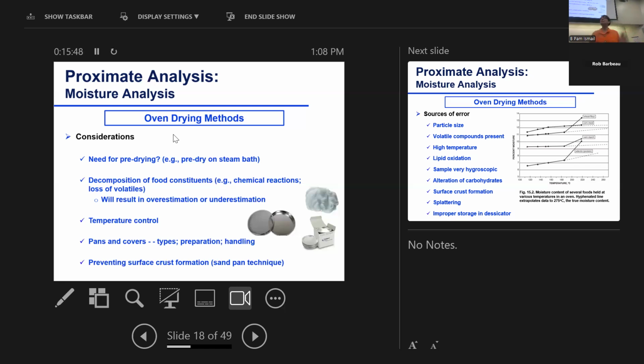So with these methods, no matter how you regulate temperature and time, you always have this inaccuracy. It's never perfect, and that's why we call this proximate estimation. We try to get as close as we can to the actual moisture content, but there are always advantages and disadvantages, and we try to minimize them as much as possible.